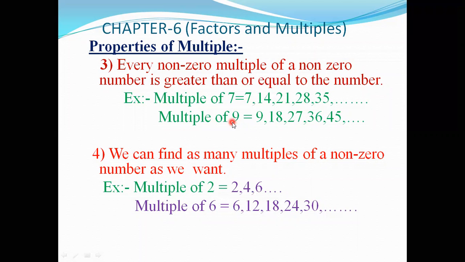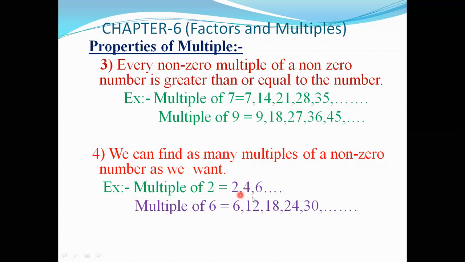Similarly, in the multiples of 9, which are 9, 18, 27, 36 and 45, the numbers 18, 27, 36 and 45 are also greater than the given number. Now we can find as many multiples of a non-zero number as we want.